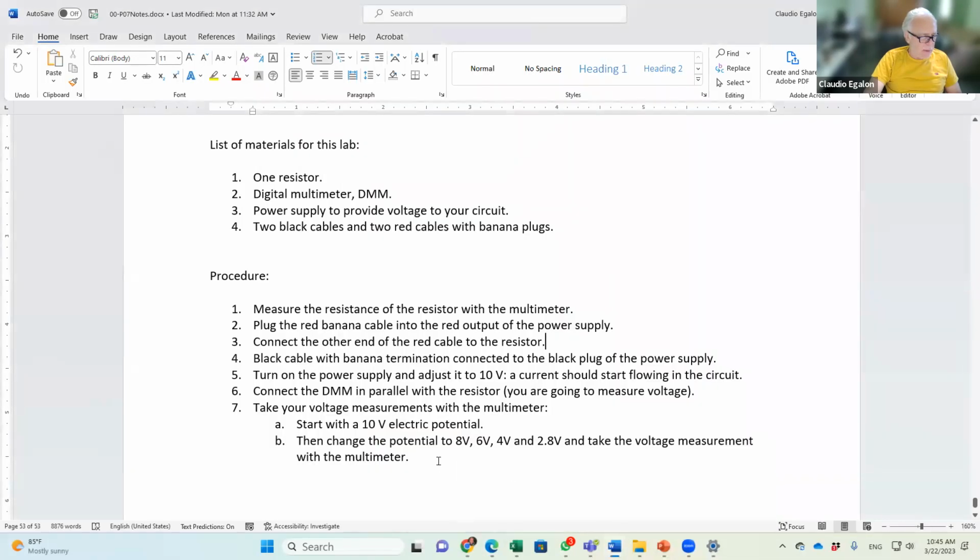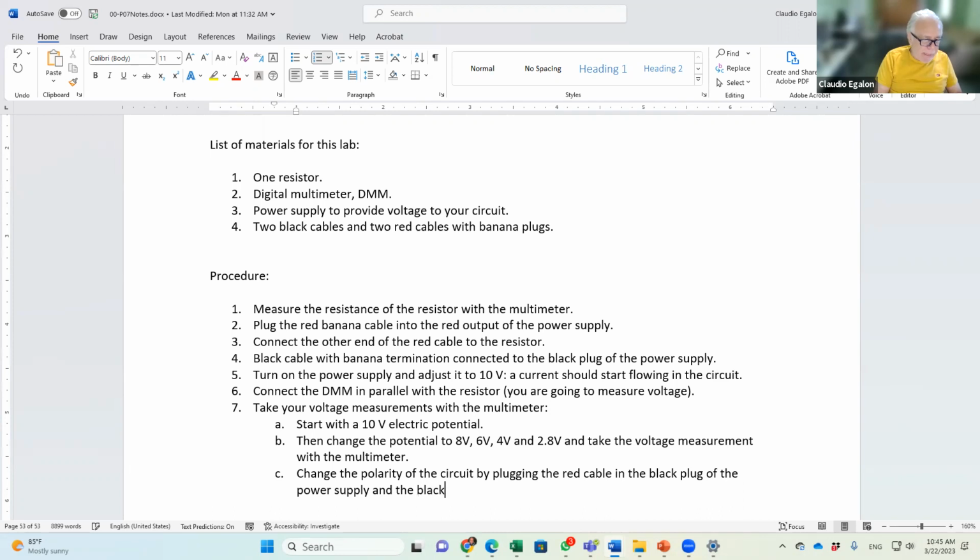I change the polarity of the circuit by plugging the red cable in the black plug of the power supply, and by plugging the black cable in the red plug.